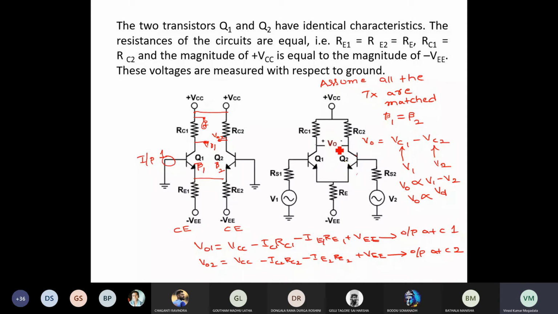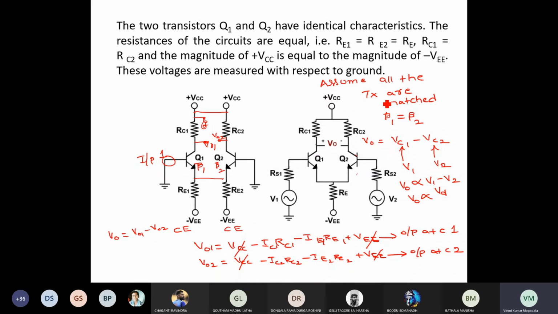Now V0 is nothing but V01 minus V02. If you take the difference between these two, the supply voltages get cancelled.